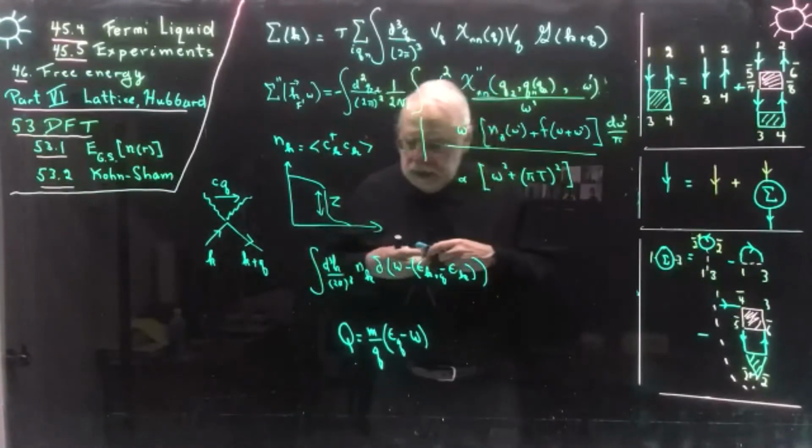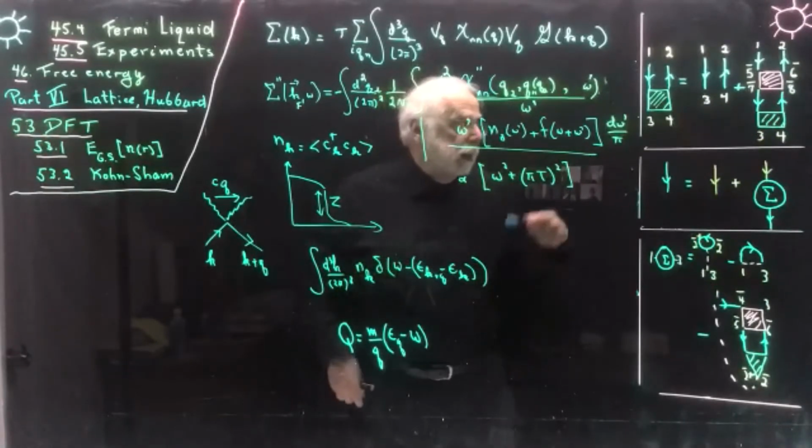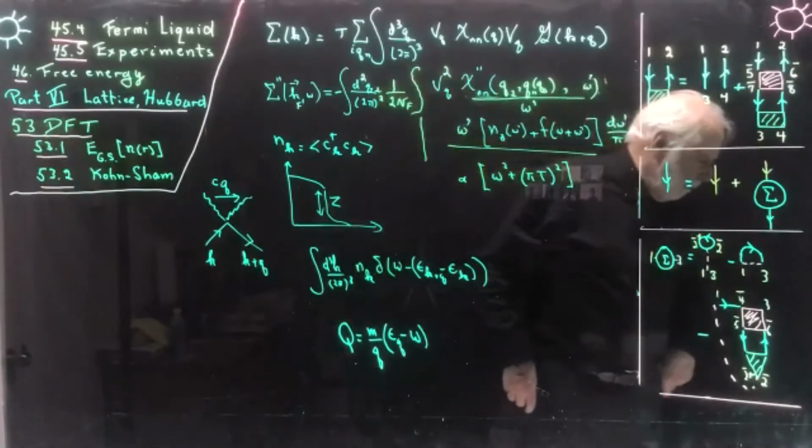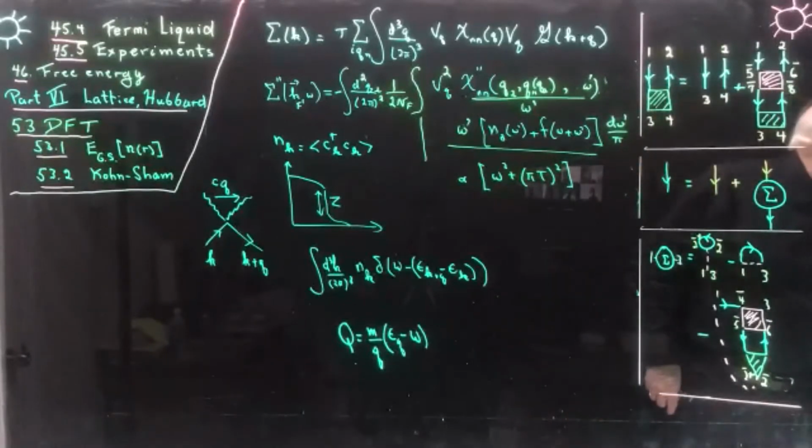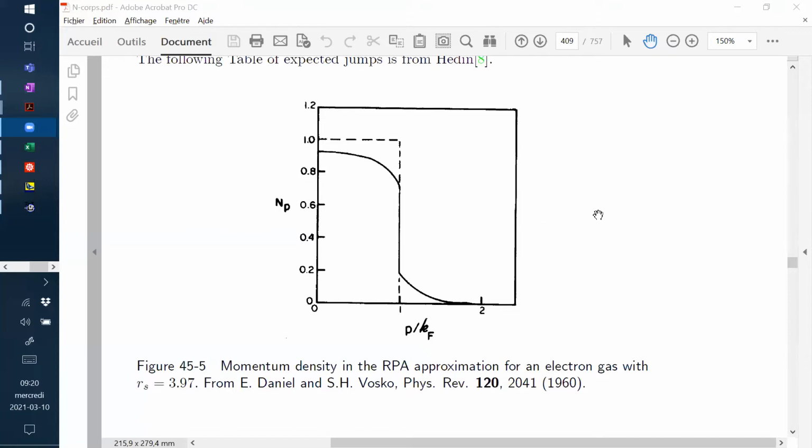So let me share my screen to show you the results of these experiments. Okay, so here, this is the calculation for n of p here instead of k, and you see that when p is equal to k Fermi, there's a jump.